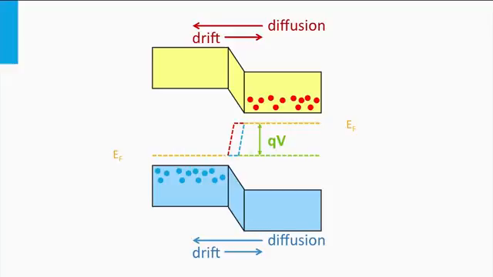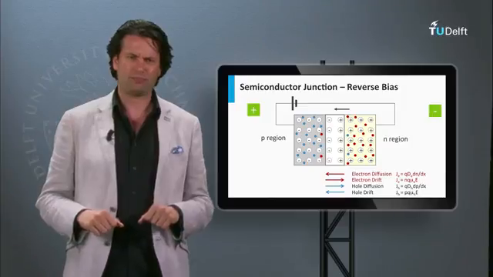The energy gap between both quasi-Fermi levels is qV, in which q is the charge of electrons and holes again, and V represents the forward bias applied on the junction. Due to the reduced field, or in other words the reduced slope, the drift of electrons and holes is reduced. In addition, the reduced width of the depletion zone enhances the diffusion.